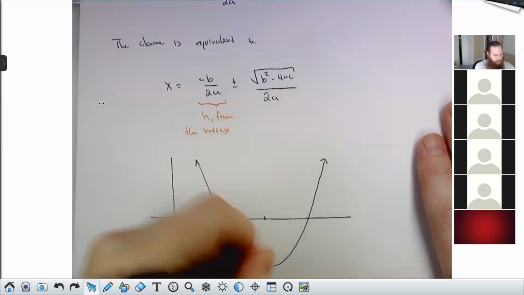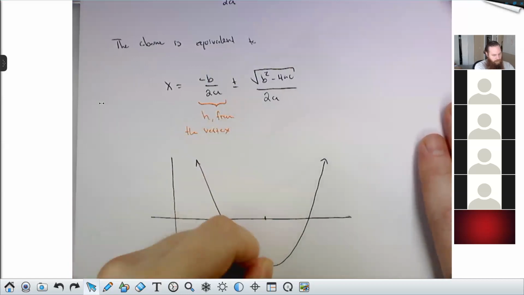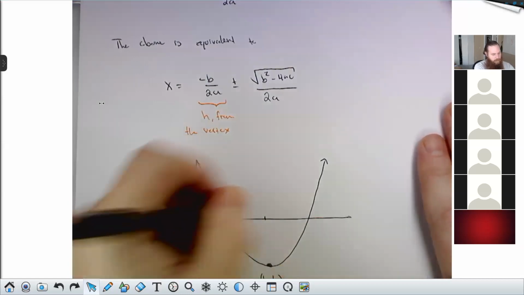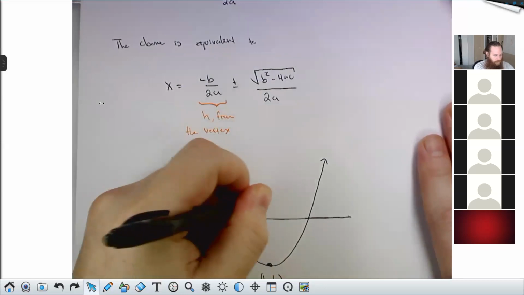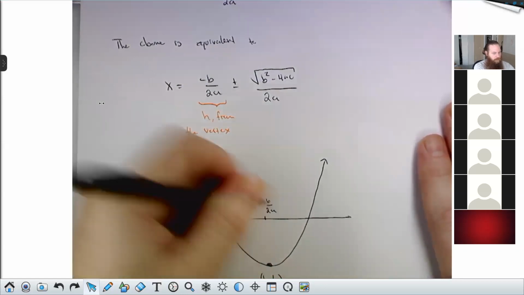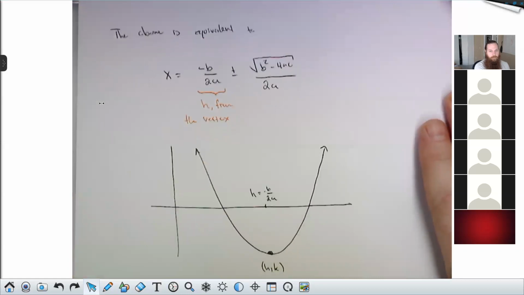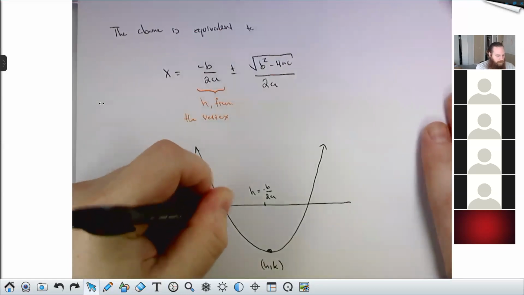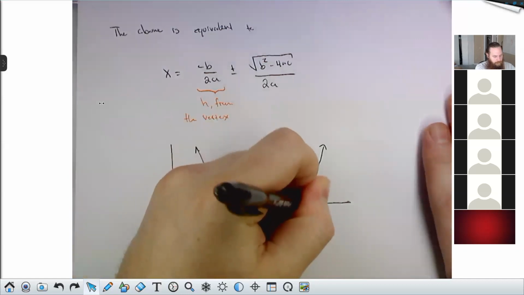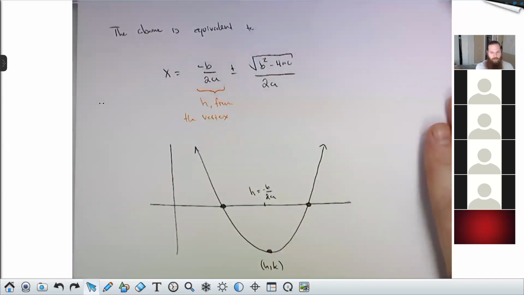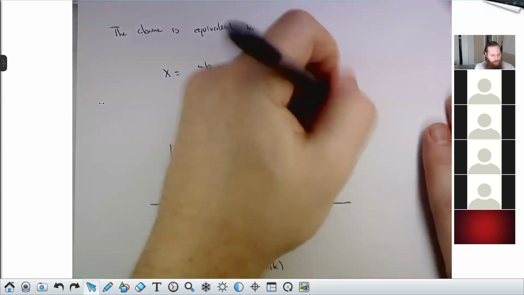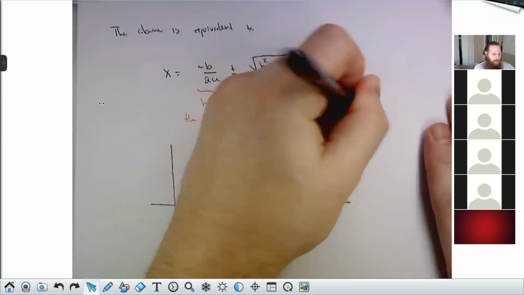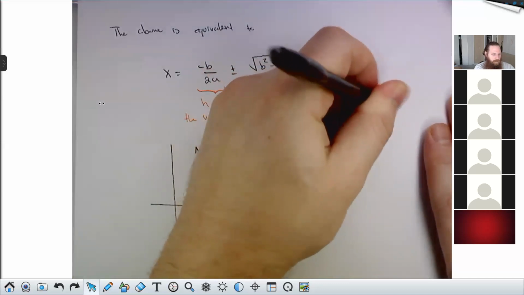Here's my vertex, h comma k. This h is negative b over 2a. The things that this formula is finding are these two points, the x values there, the x-intercepts.